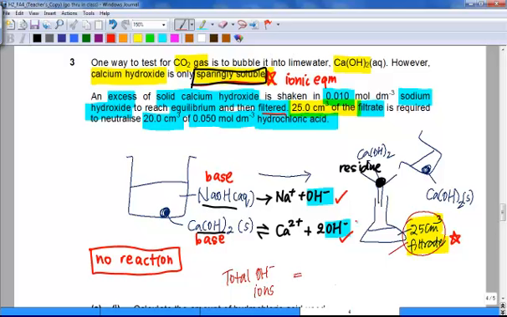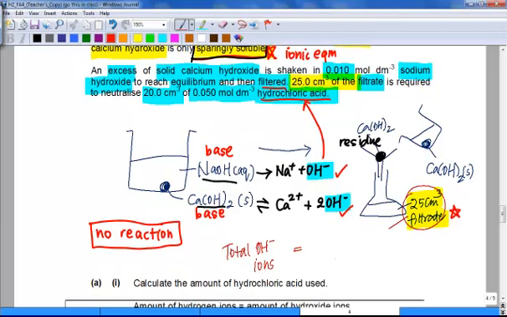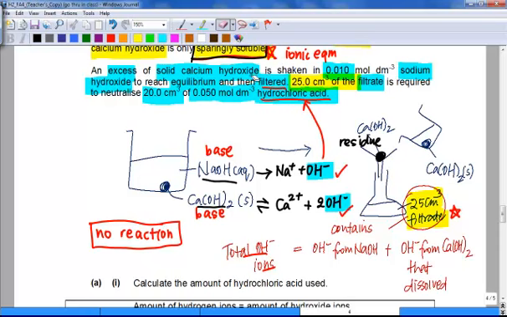It is quite obvious that it is this OH⁻ that is going to react with the hydrochloric acid. So what I can do to this diagram is to write in that the total OH⁻ ions come from OH⁻ from NaOH and OH⁻ from the calcium hydroxide that dissolved. Based on this diagram, I can work out the solution to all the parts in this question.